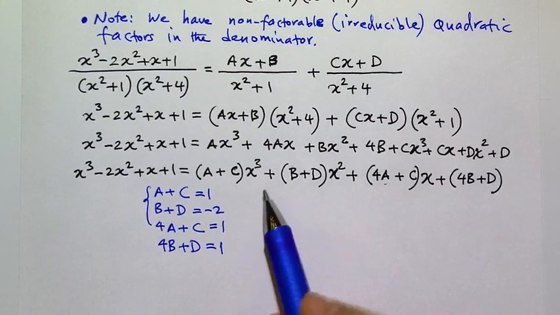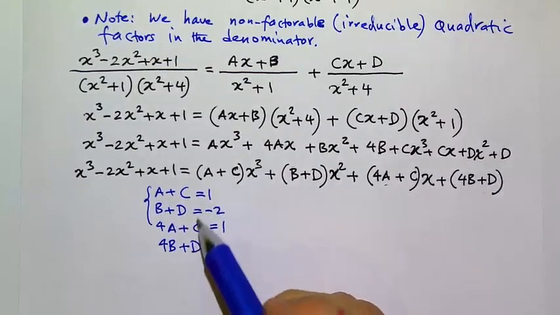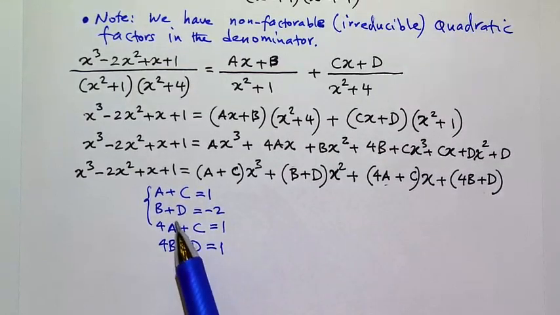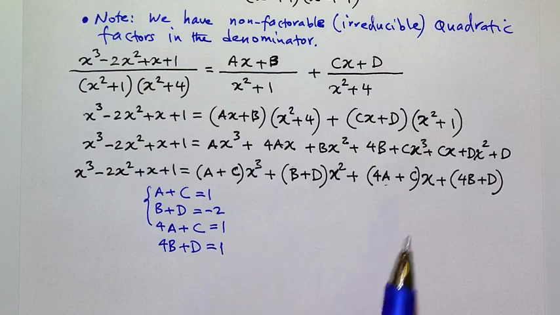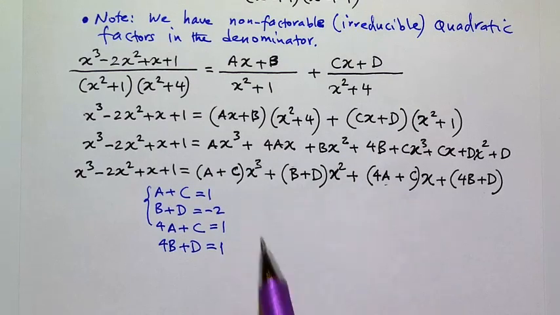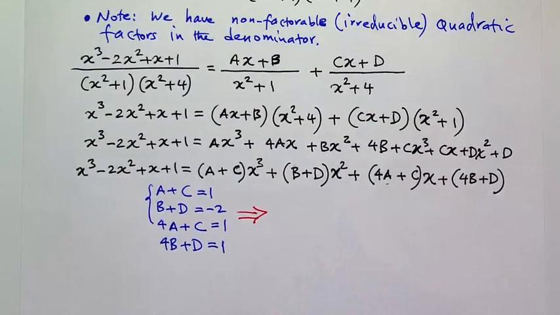So then, comparing these, if you solve all of these, say, these two, b plus d equals minus 2 and 4b plus d equals 1. Well, let me just do it this way.